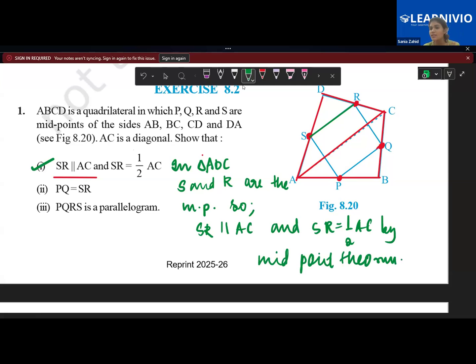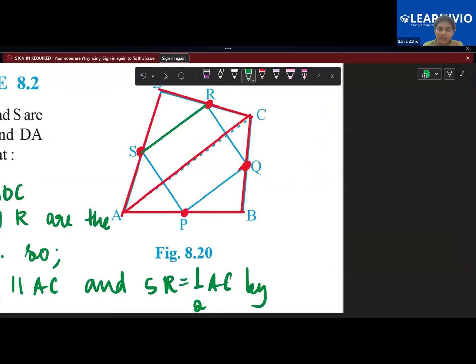Next is PQ is equal to SR. See children, this is again a very easy proof. You have to prove that PQ line is equal to SR line. Now children, by the midpoint theorem, what do I have? I have SR is equal to half of AC, point number 1. But now if I change my triangle, I also have PQ is half of AC, second point, by the midpoint theorem. The midpoint theorem is applicable to all triangles, right?